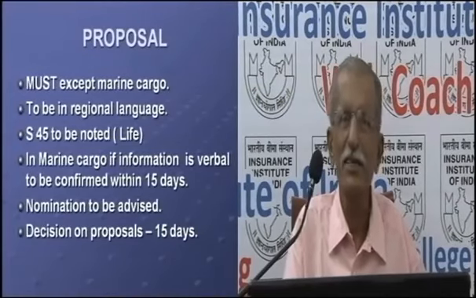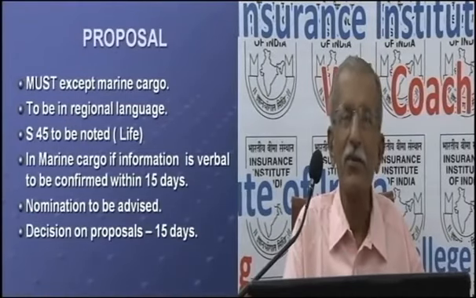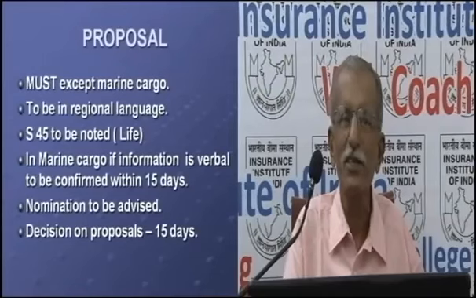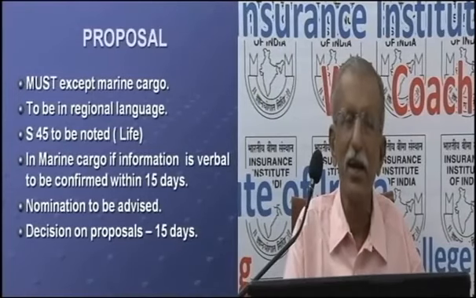There is no similar section in case of non-life, so there it is not applicable. Then we saw Section 41 also, prohibition of rebate. That should be printed on all sales literature and even on the proposal form, that rebate is not allowed and nobody should demand rebate.